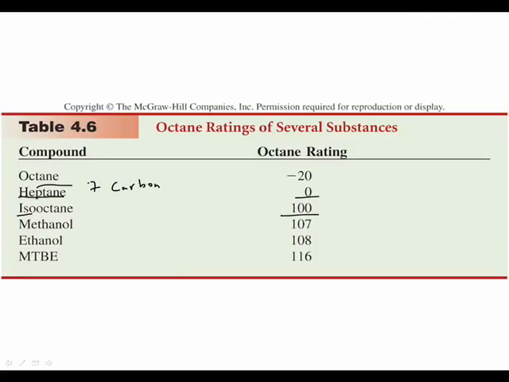This is just an arbitrary rating system between 0 and 100. Actual octane is minus 20. Methanol is 107. Ethanol is 108. So they're even better than isooctane at resisting pre-ignition and knocking. If you use an 87 octane fuel, the gasoline has the same knocking characteristics as a mixture of 87% isooctane and 13% heptane.